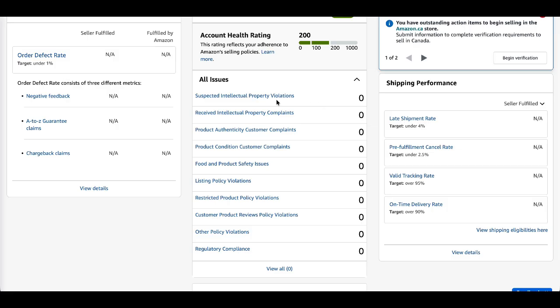Now the difference between the suspected and the received intellectual property complaint. A suspected intellectual property violation is a relatively linear thing where you can just appeal, represent your case and get it resolved. But a received intellectual property complaint is a serious matter and it can get your account deactivated.